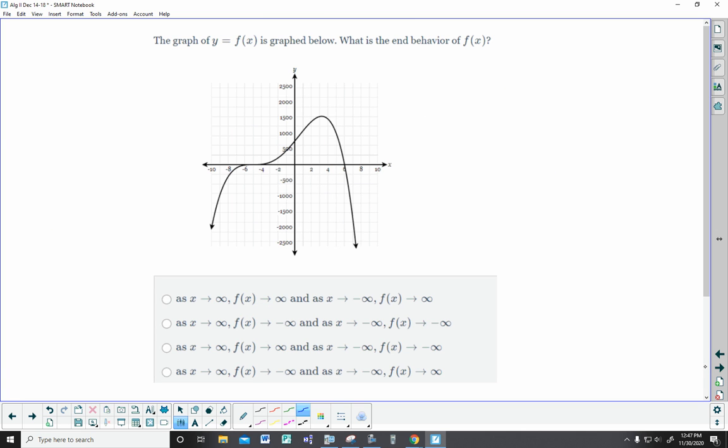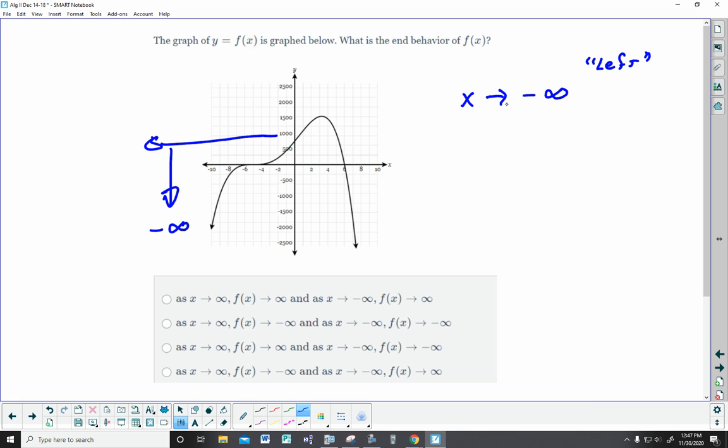So here goes, this next one. As x goes really far left, remember this means left, the y values are going really far down. Well, how do you say really far down? Negative infinity.